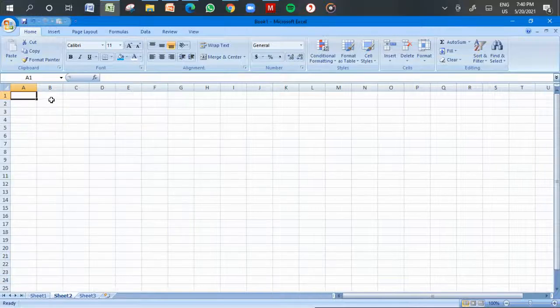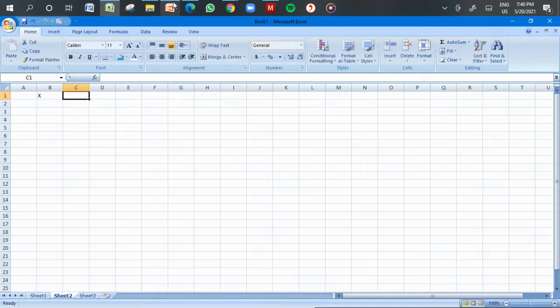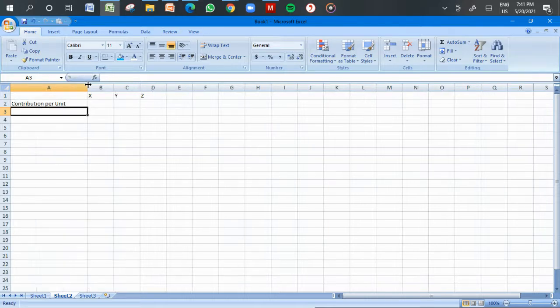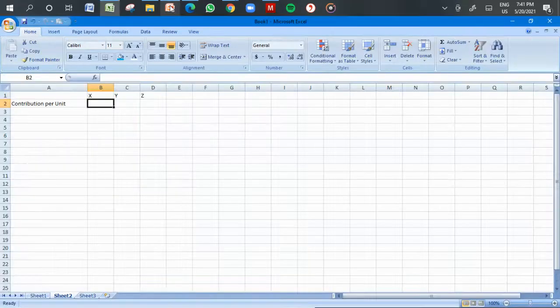So it's simple. How many products do we have? We have X, Y, Z. So we have X here, then Y here, then Z. For contribution per unit, we are told that the contribution per unit is 11, then 5, then 3.